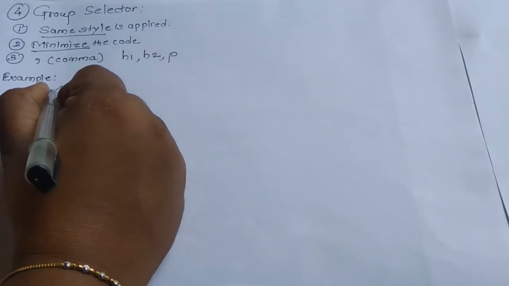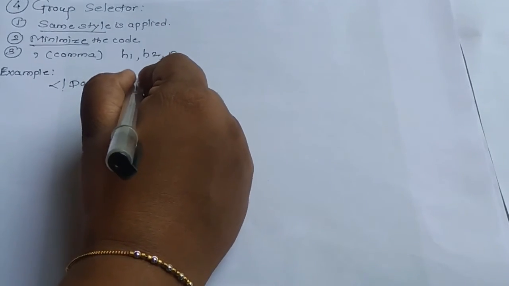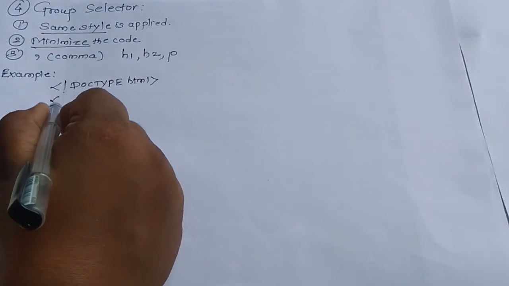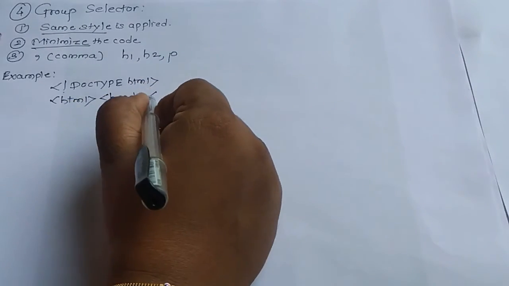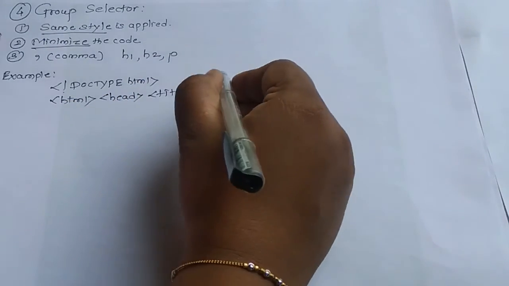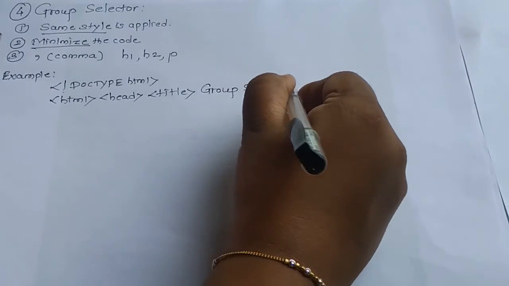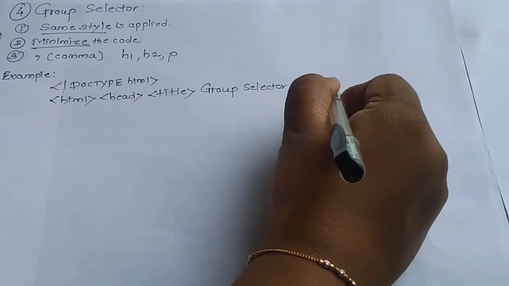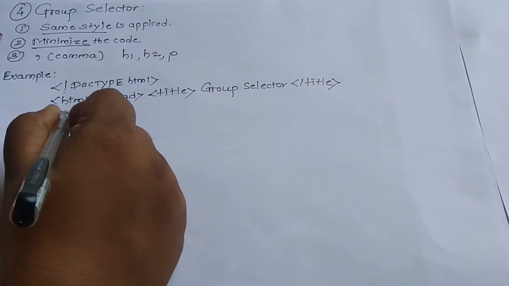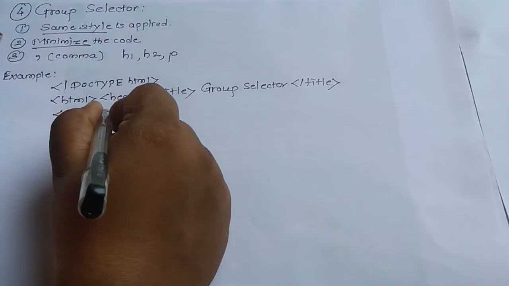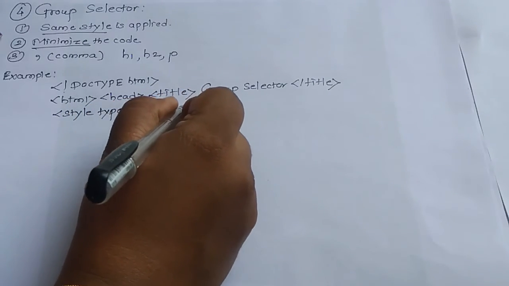So first start with doctype HTML, then your usual first program: html, head, then title. Put the title as group selector and close it with slash title. Now you have to define the group selector. I will use the style tag, type equal to text slash CSS.